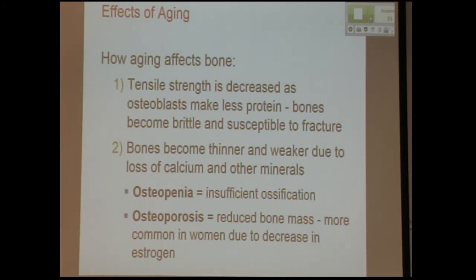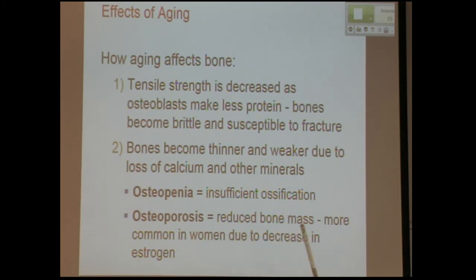So as you age, your bones become less strong. I'm sure everybody knows that. Much higher risk of fractures after you get into your 50s, 60s, 70s, 80s. And basically what's happening is the osteoblasts are depositing less collagen. If there's less collagen, there's going to be less calcium salts.